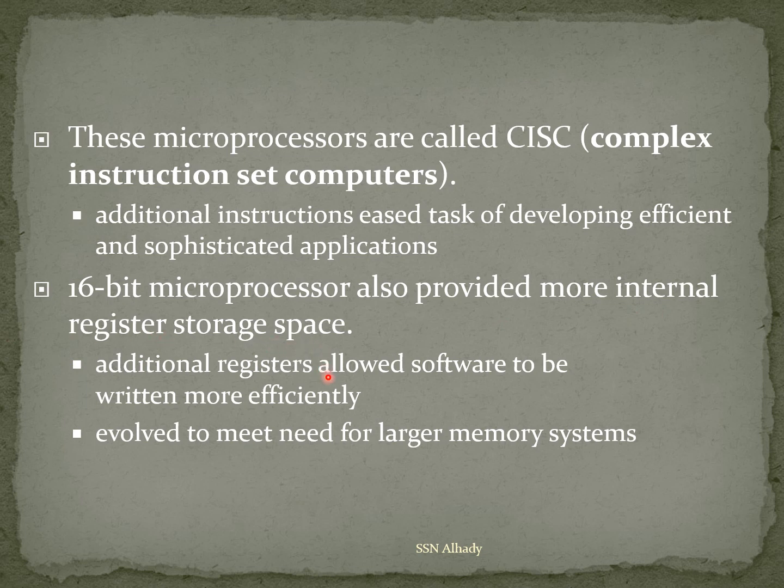Additional registers allow software to be written more efficiently. If you have a lot of registers, it is more efficient to write the program. It evolved to meet the need for larger memory space.